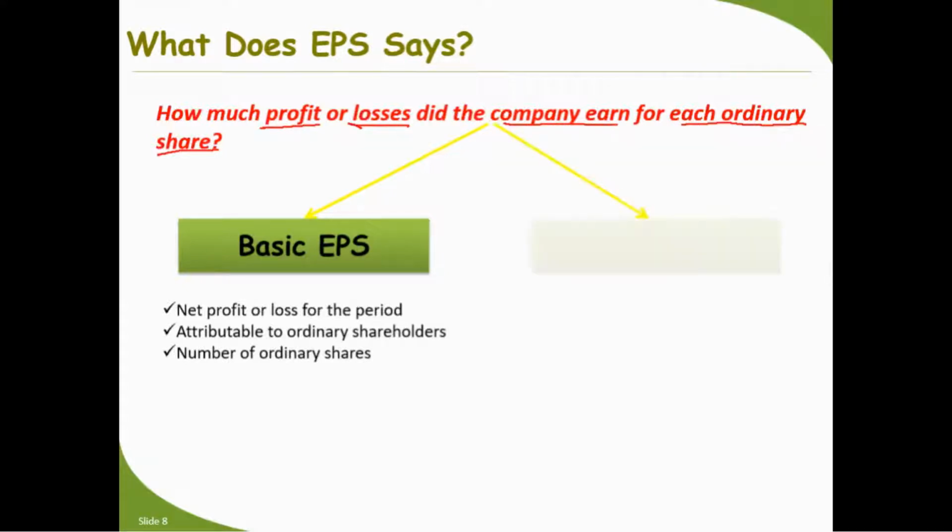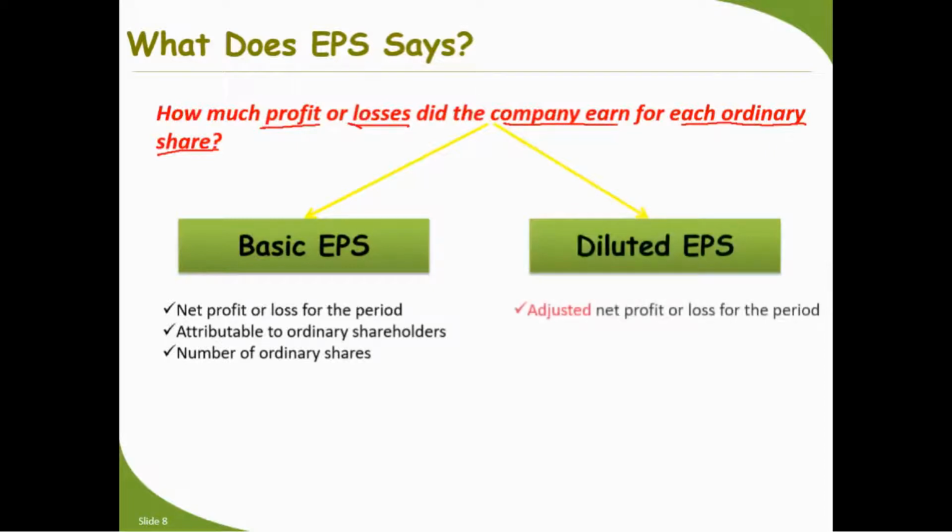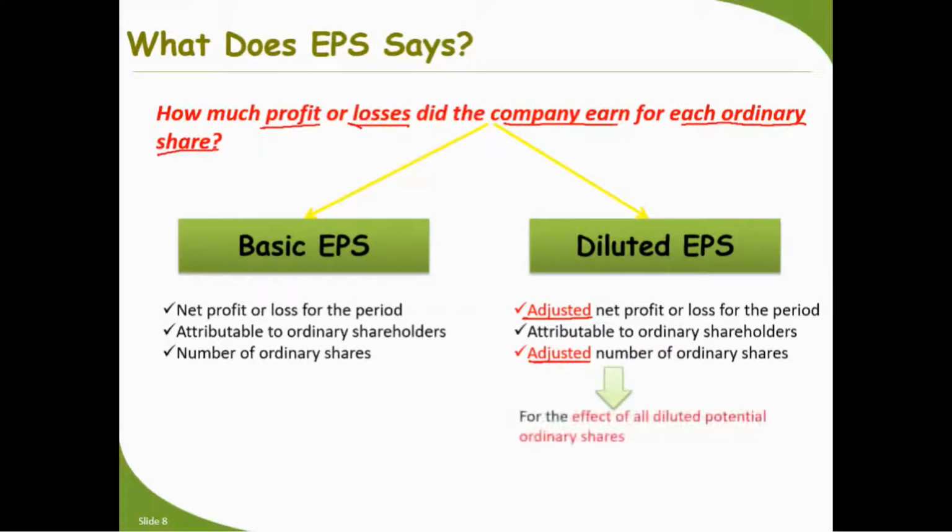Then for diluted EPS, you have adjusted net profit and loss attributable to the ordinary shareholders and adjusted number of ordinary shares. How these will be adjusted, we'll talk about later when we discuss diluted EPS in detail. For what will it be adjusted?